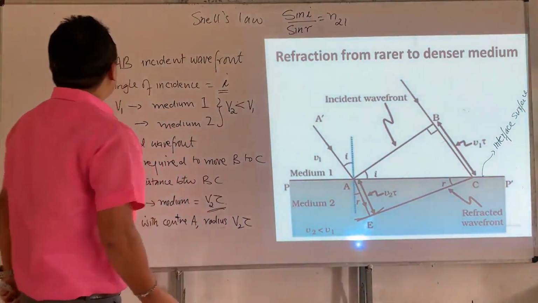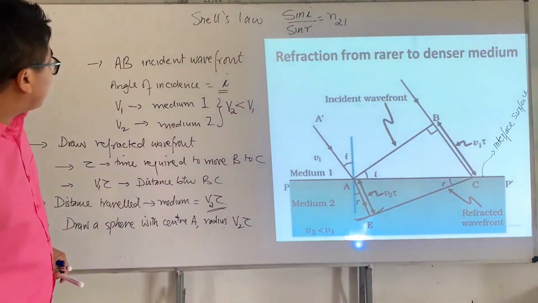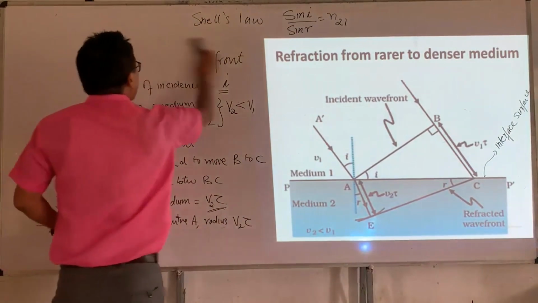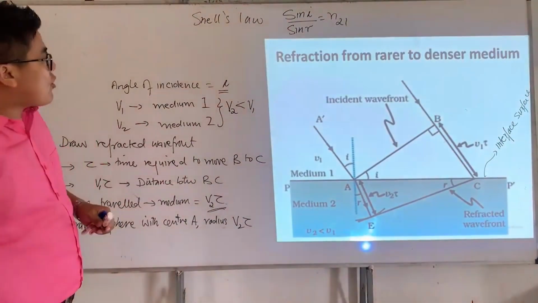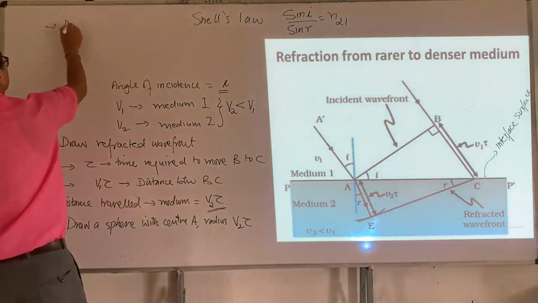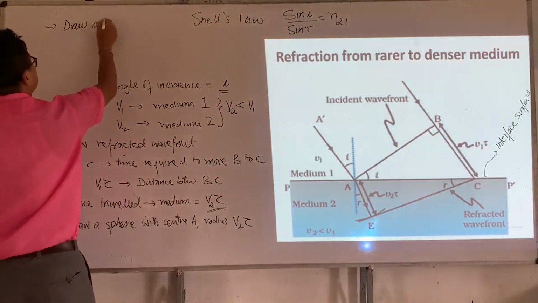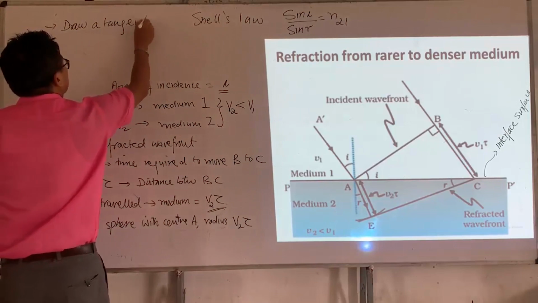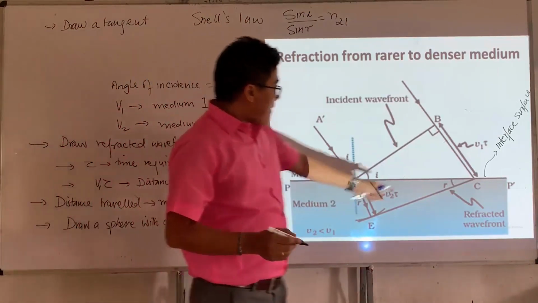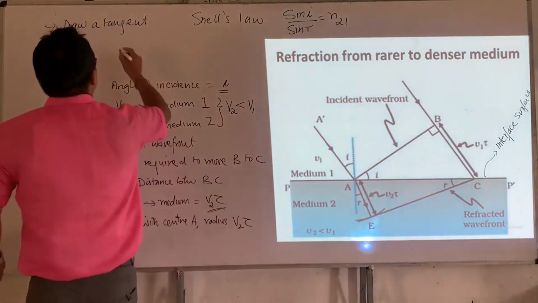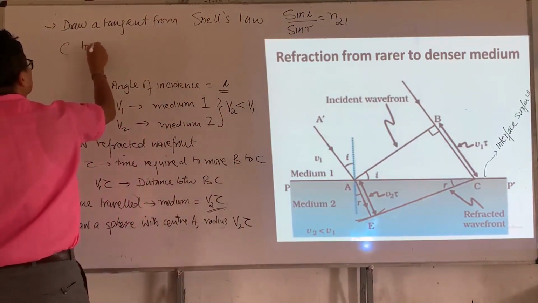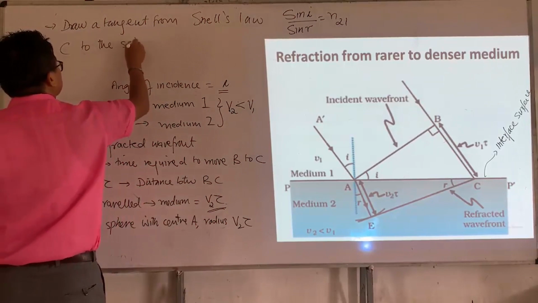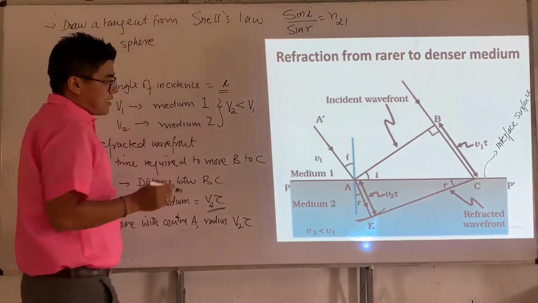And then what we are going to do is draw a tangent. Look at here. Draw a tangent from C to the sphere. All right.